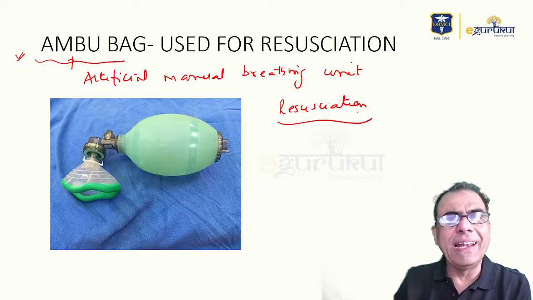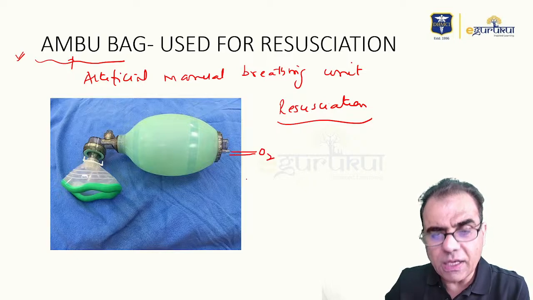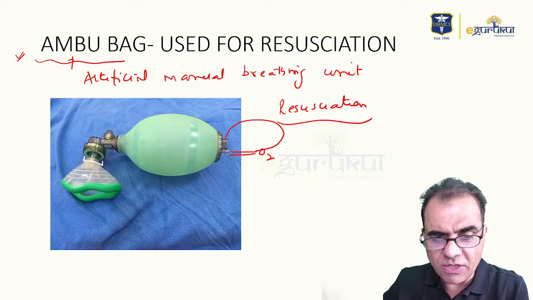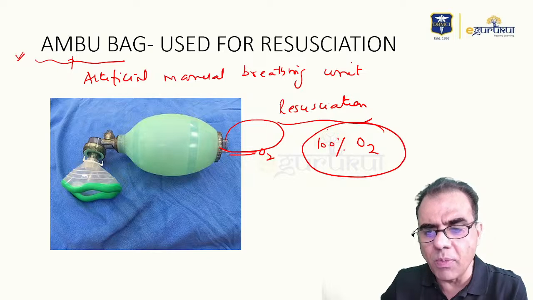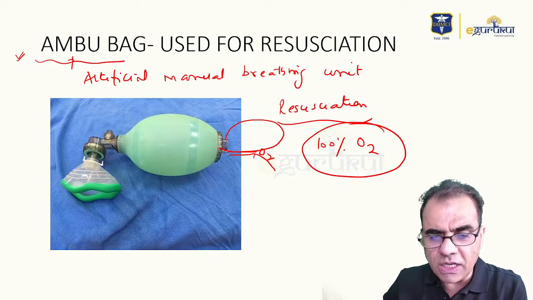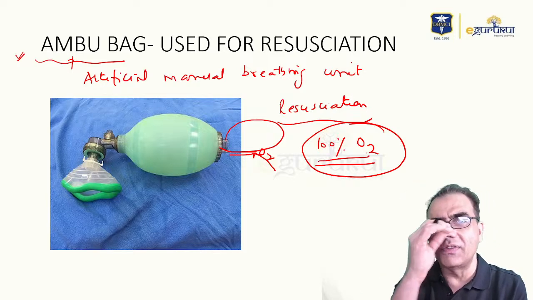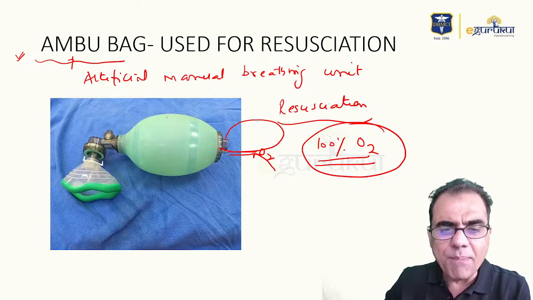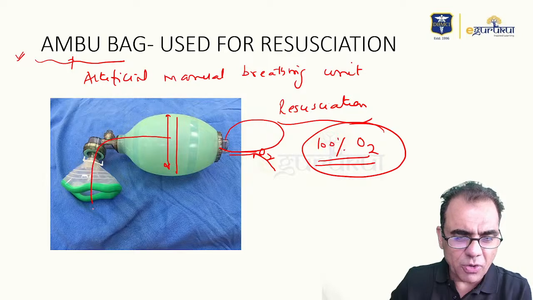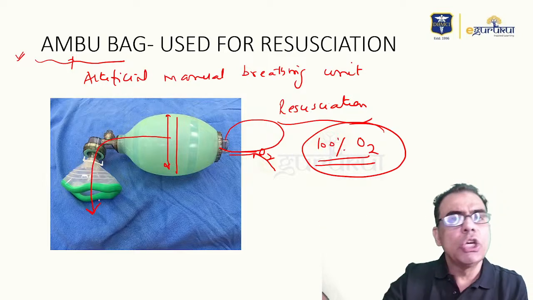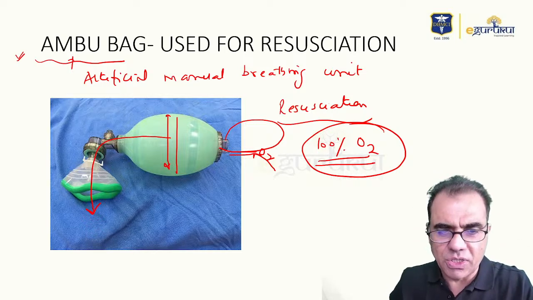Resuscitation means manually ventilating the patient, and by attaching an oxygen source and an oxygen reservoir bag, it is possible to deliver 100% oxygen with the AMBU bag. It is the manual resuscitation bag where you press the bag and gases are delivered to the patient, so it is used for manual resuscitation.